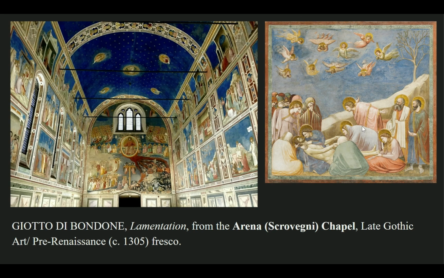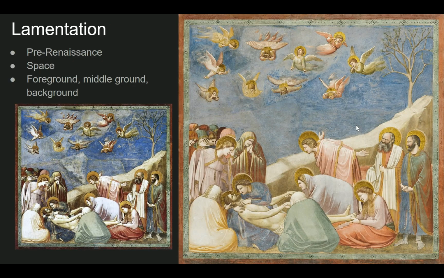We're going to be looking at the Lamentation, and notice this shift. We have these Renaissance ideas that come next, and we start to see this as a precursor to those ideas. So let's discuss space, where we have this clear foreground. This figure's back is to us, holding Christ.